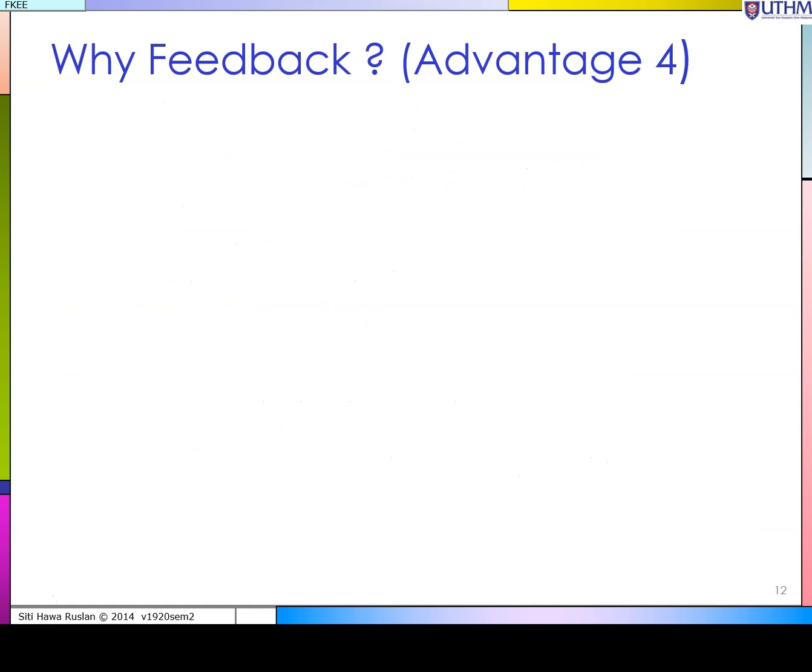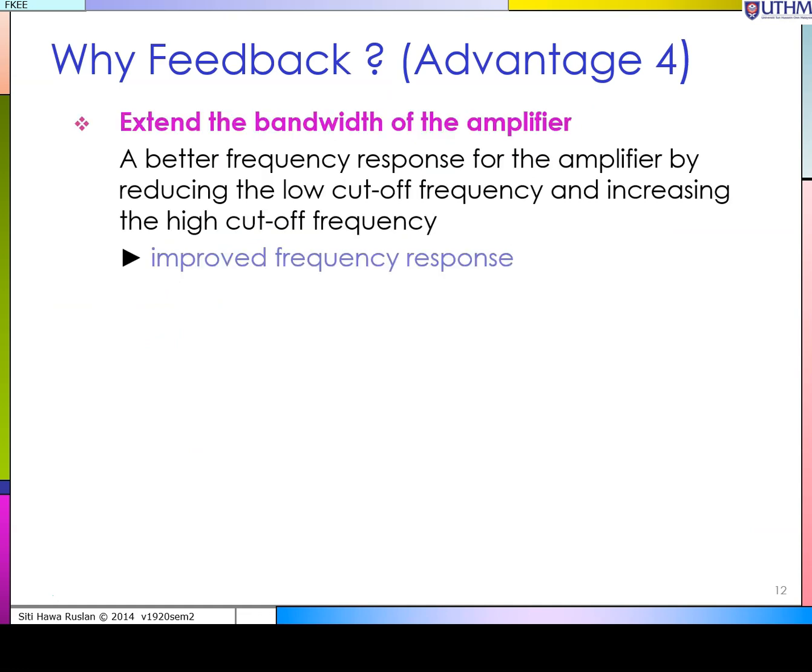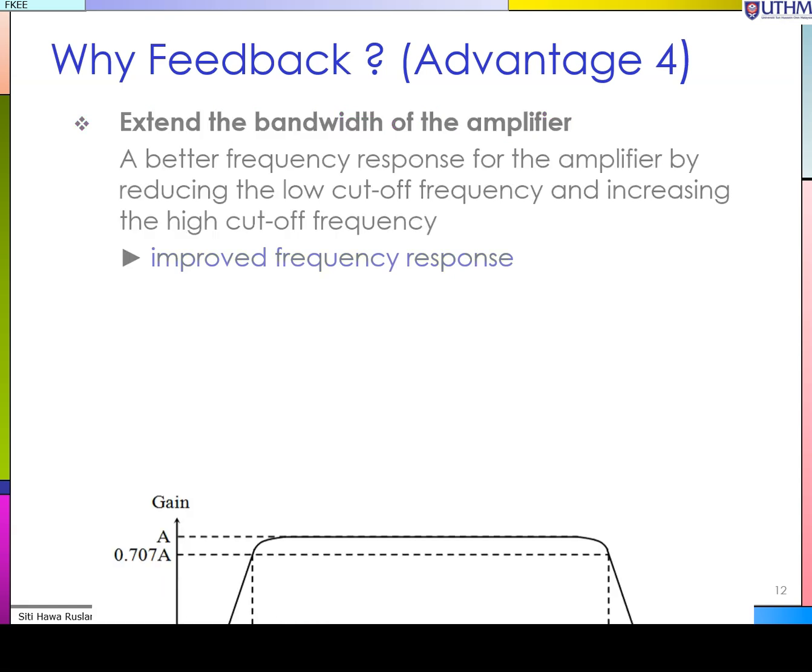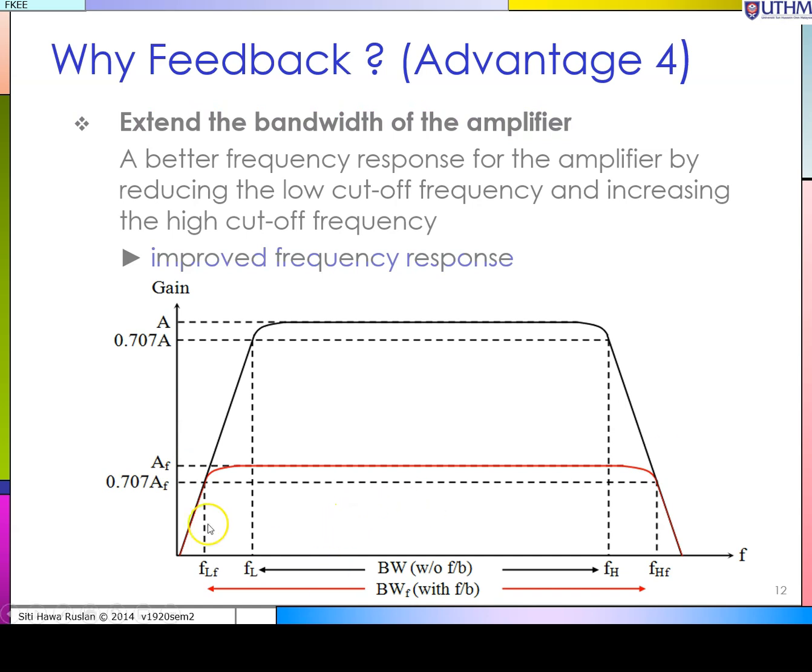Okay, now we move on to the fourth advantage of a negative feedback. It will extend the bandwidth of the amplifier, or we say that it improves the frequency response. A frequency response is just the gain versus the frequency of the circuit. The black curve over here is the overall frequency response of a circuit without a feedback.